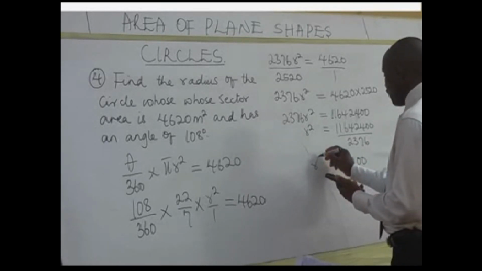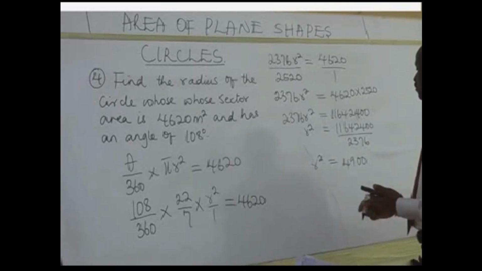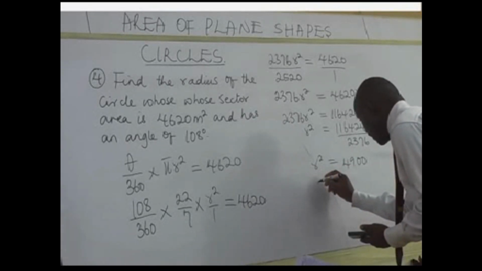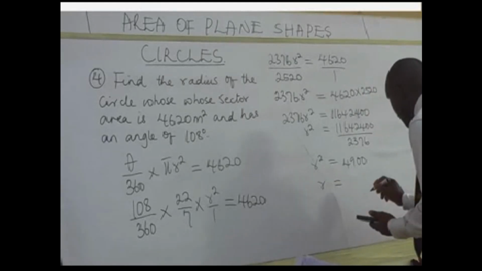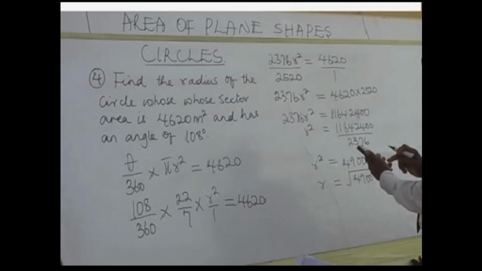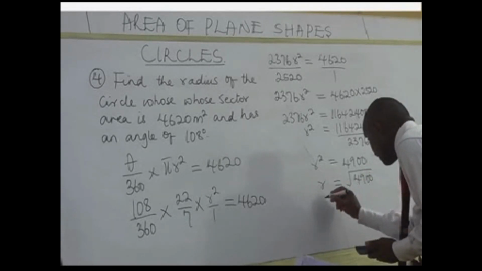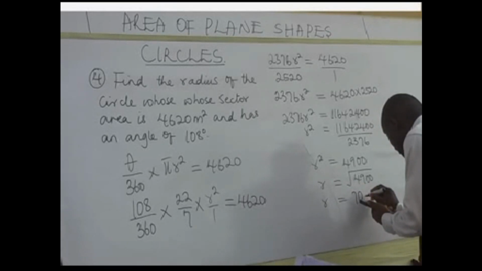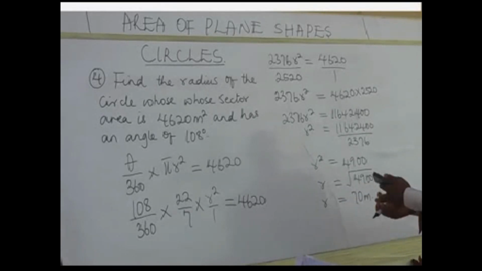That is the value of r squared. Now you have to take the square root of both sides. The square root of r squared will leave you with r. Then you find the square root of 4900. You can use a calculator. Square root of 4900 is giving me 70. That means r is 70 meters long. And that is the end of that question.